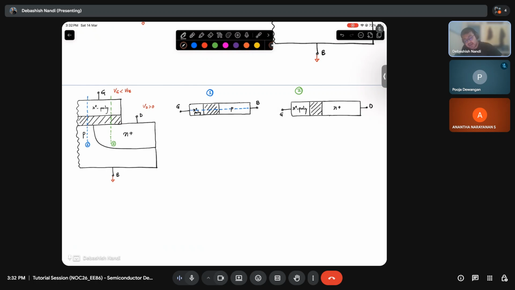And this terminal is drain. Yes, sir, but won't there also be a bulk, sir? Yeah, there can be a bulk, maybe a bulk at the end, a p-type. This is the body and this is your drain.